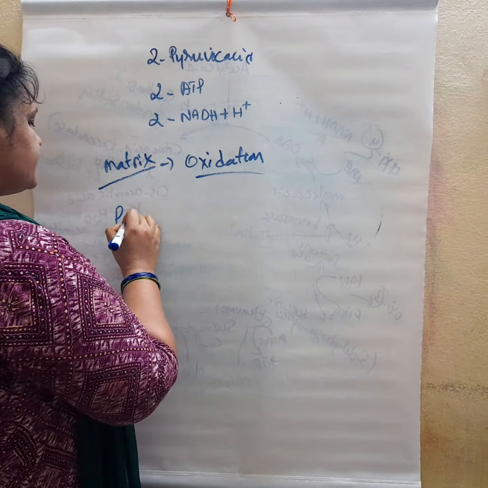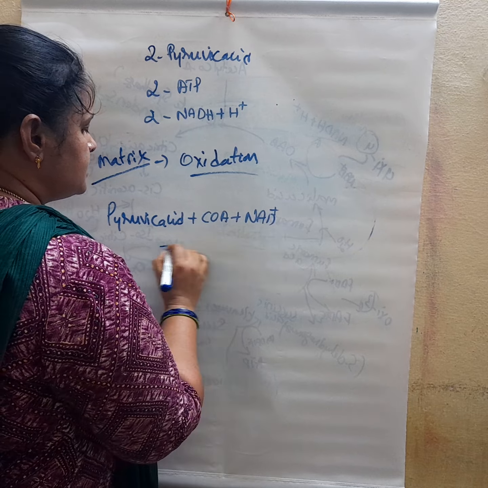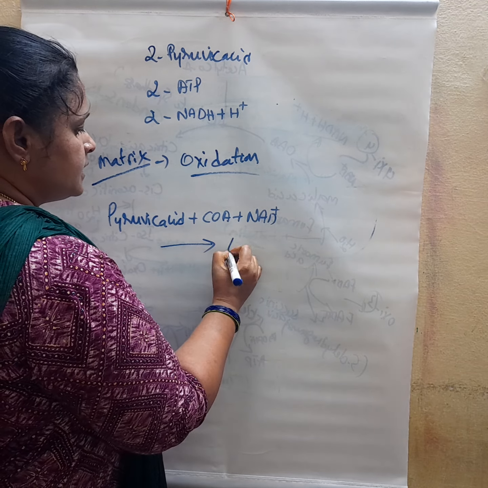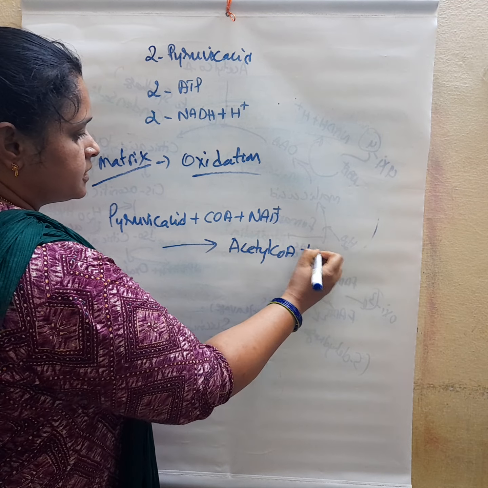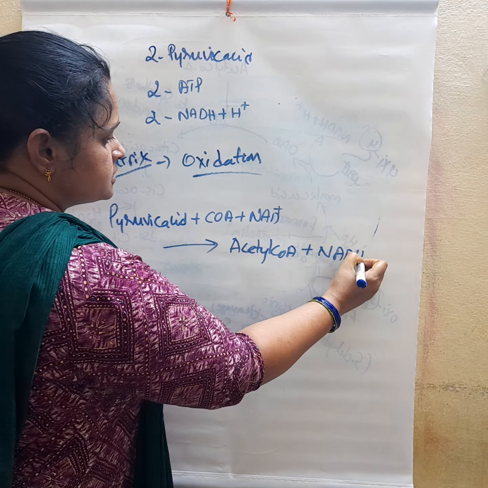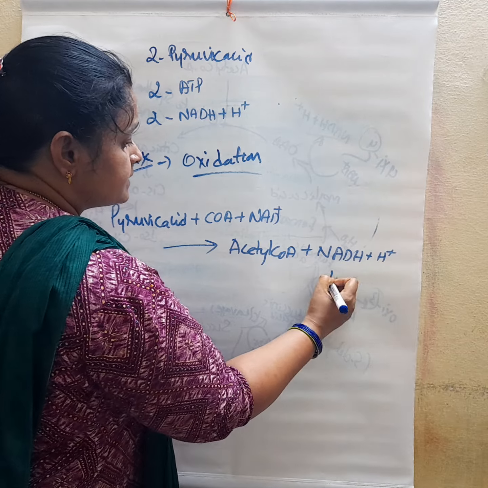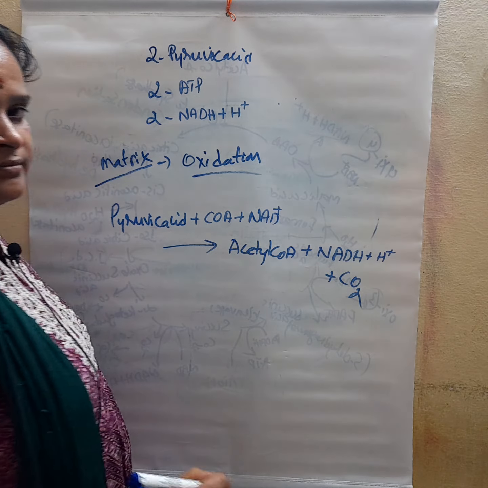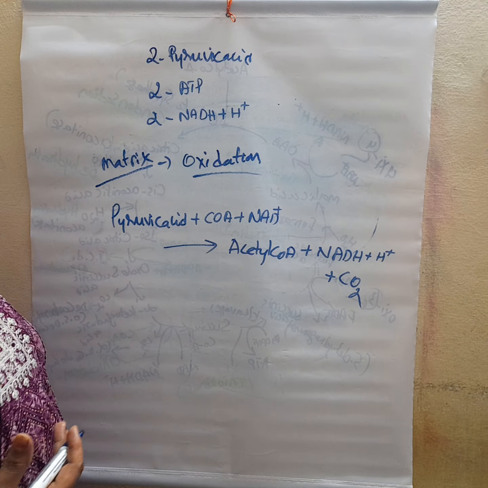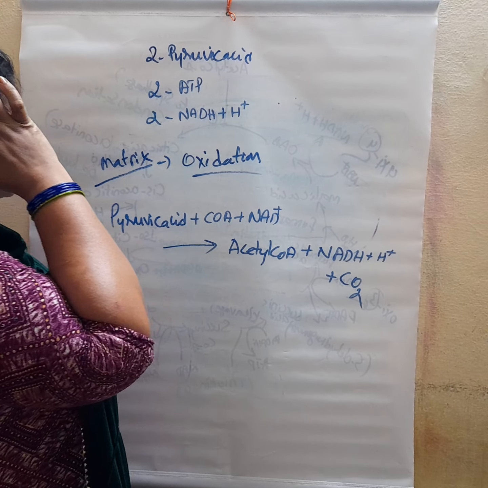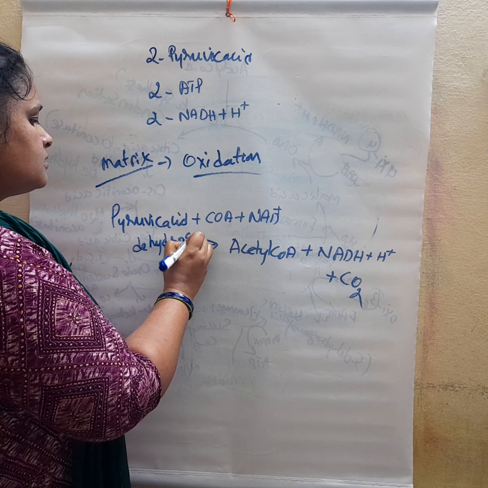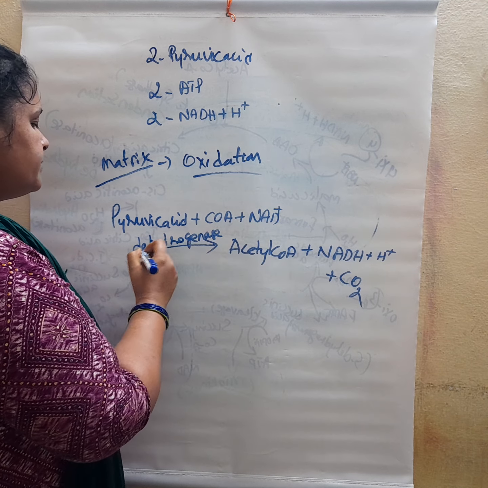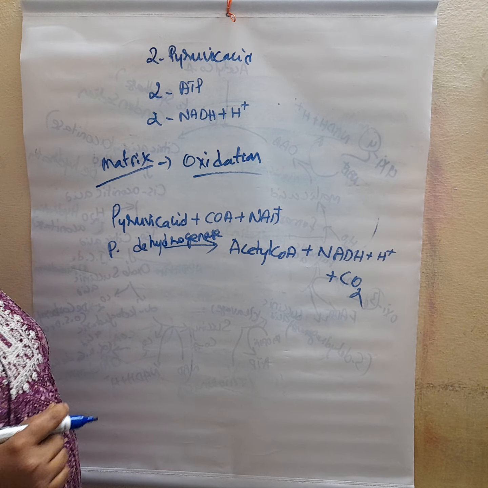NAD plus gives rise to acetyl CoA; coenzyme A is added, NADH plus H plus is formed, and CO2 is eliminated. So it's a complex step, catalyzed by the enzyme pyruvic dehydrogenase.